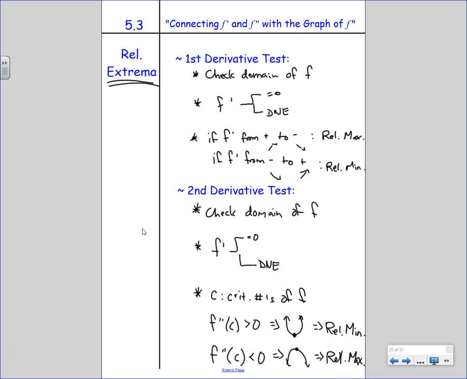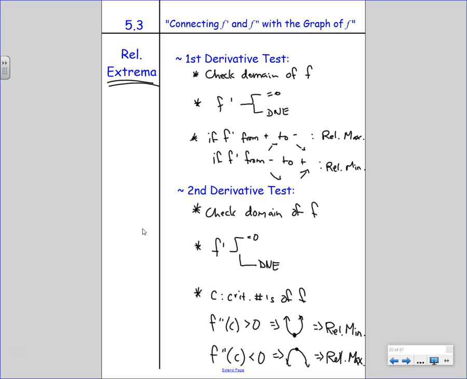How does the first derivative tell us about relative extrema? We have to know two things. One, the critical numbers. And two, the signs of the derivative, or the signs of the slope, aka sign chart. We have to find critical numbers, and then think about the signs of the slopes before and after.